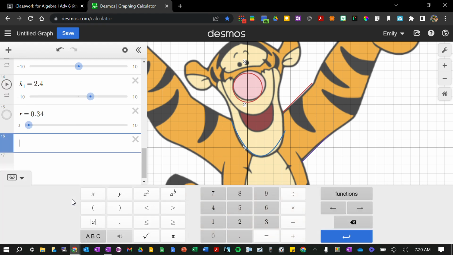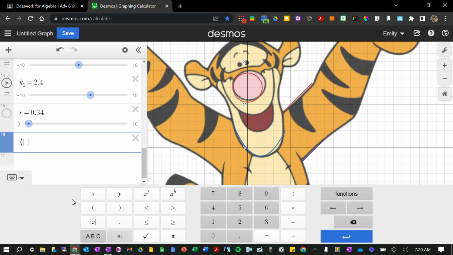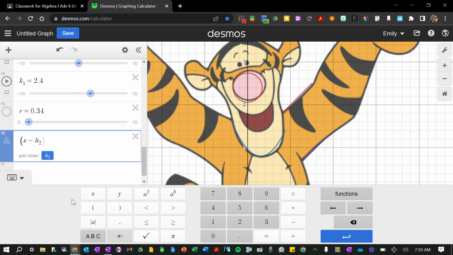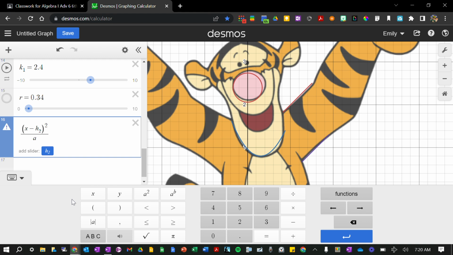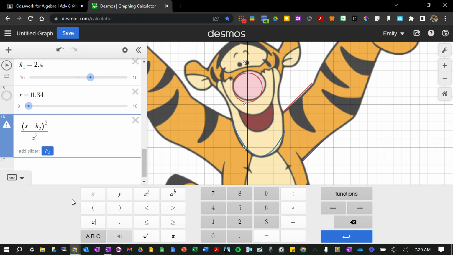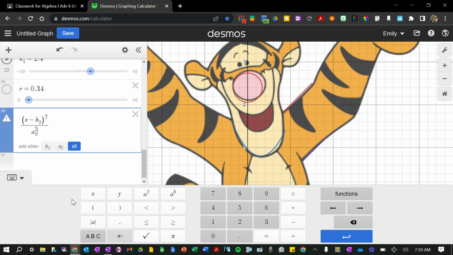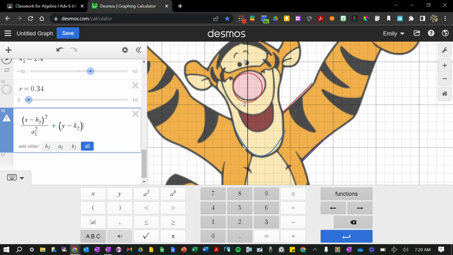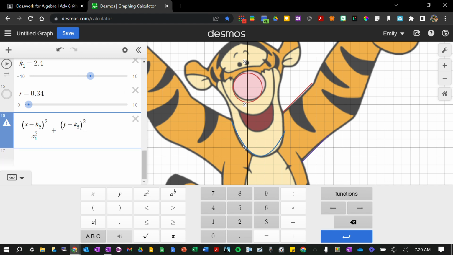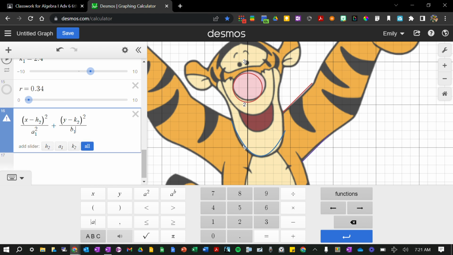Okay, what if I wanted to be even more specific and give Tigger an ellipse for a nose instead of just a circle? Here is the formula for that. I'm going to have x minus h2 squared over a squared, and I've already used a, so I'm going to have to call that a1, plus y minus k2 squared over b1 squared.